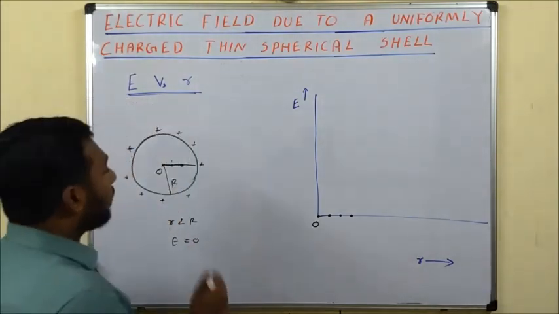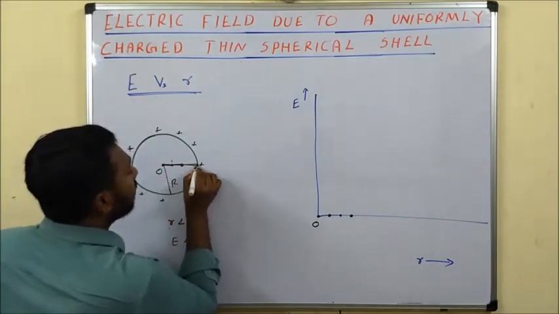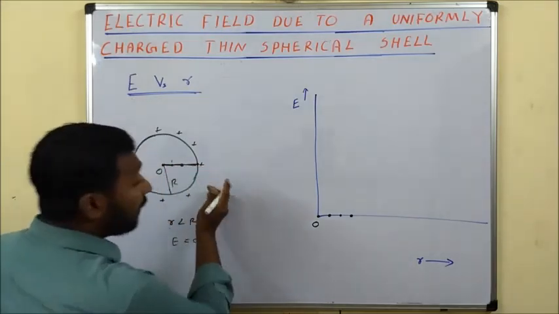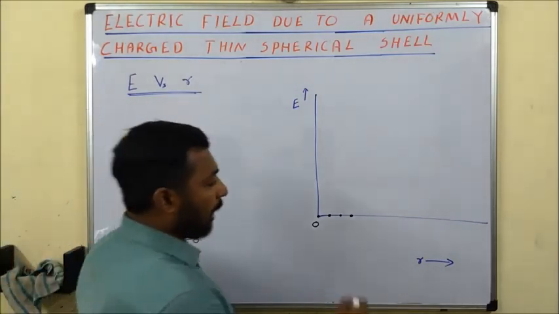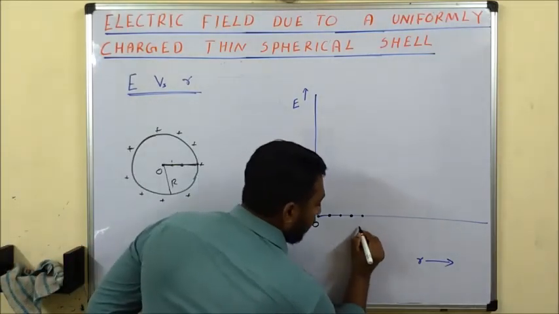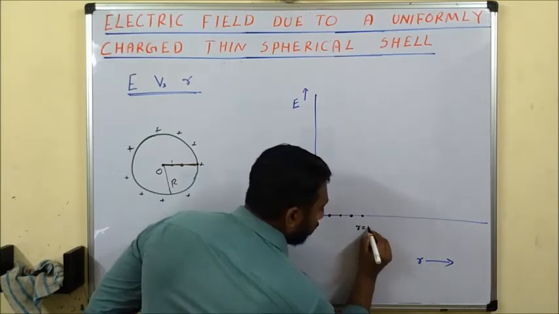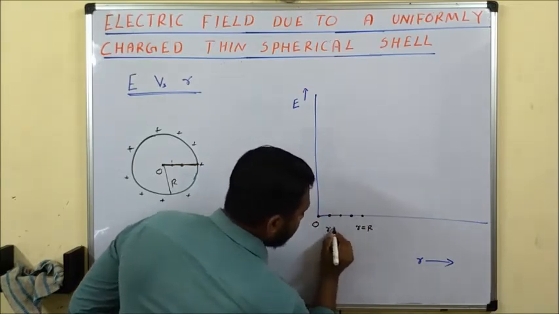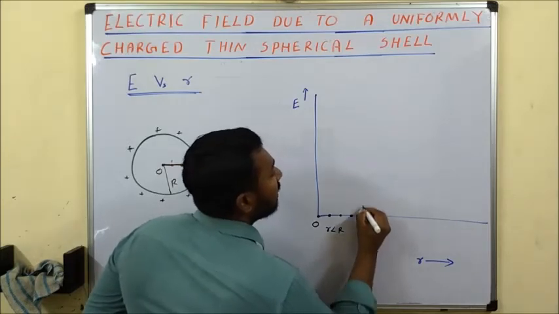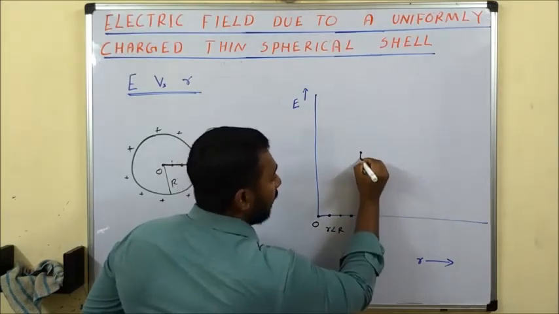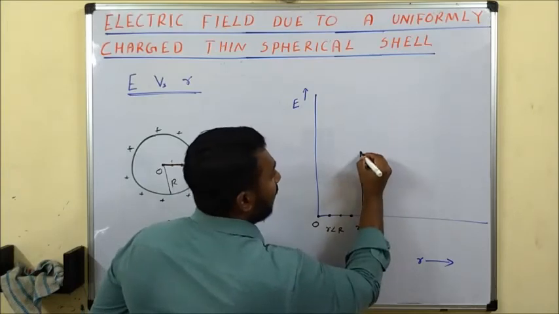Okay. Now finally I have reached its surface. Now electric field is not 0, and we know the value of that electric field. So at this point, r is equal to R. Here it was r less than R, and now the electric field suddenly increases to a point here.